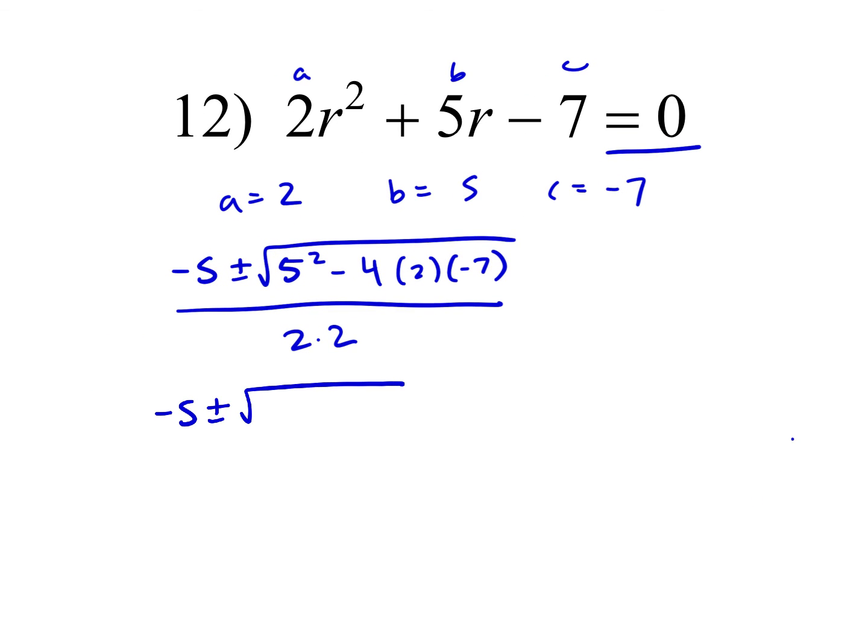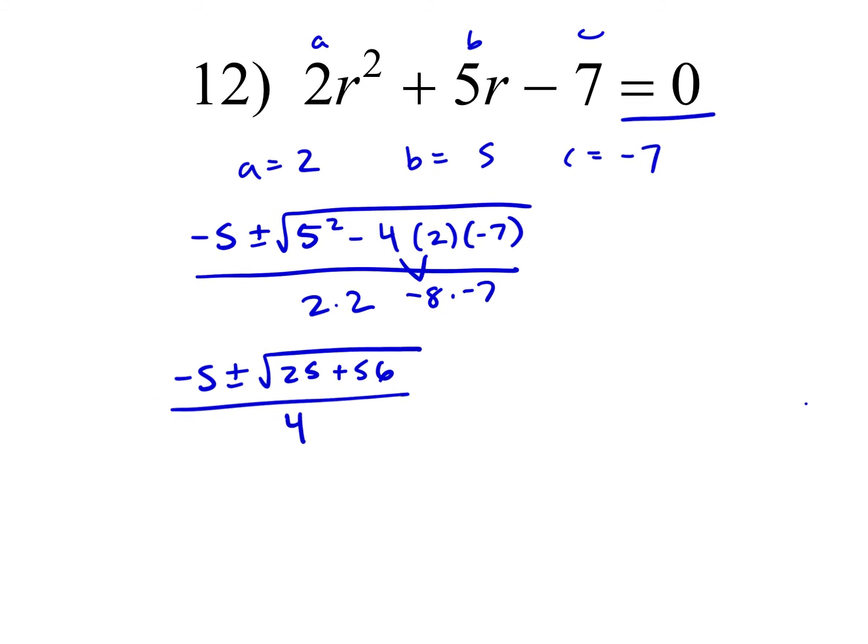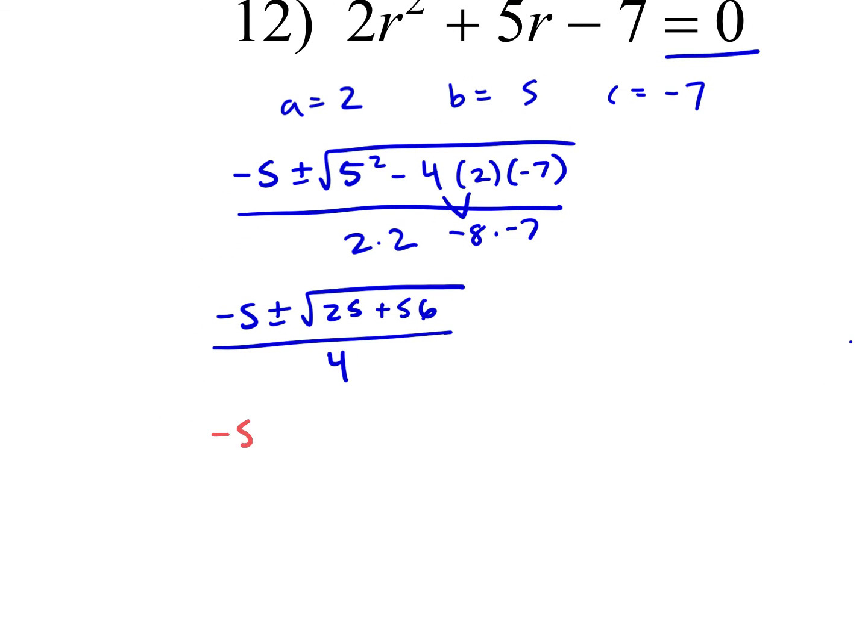What is 5 squared? 25. What's -4 times 2? -8. And -8 times -7? 56. Over 2 times 2? 4. And then last thing we need to do is 25 plus 56. So it's 25 plus 56. 81 over 4.